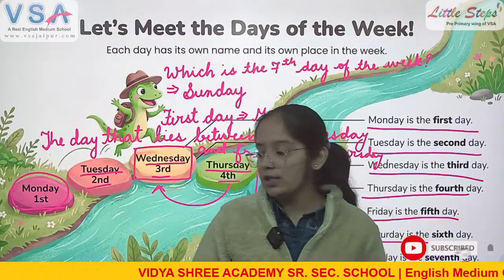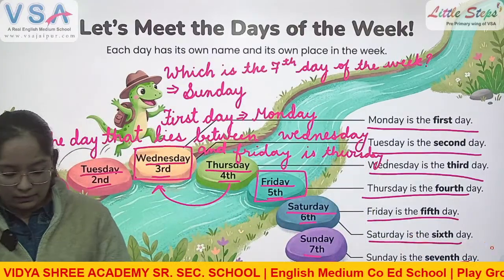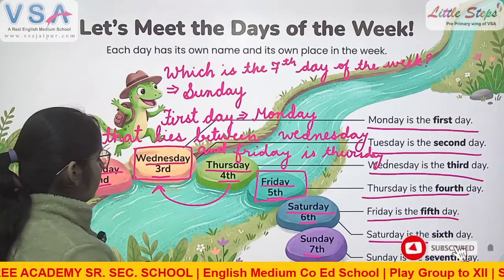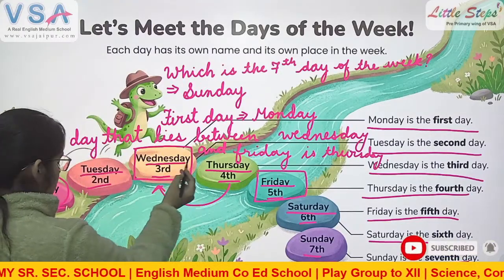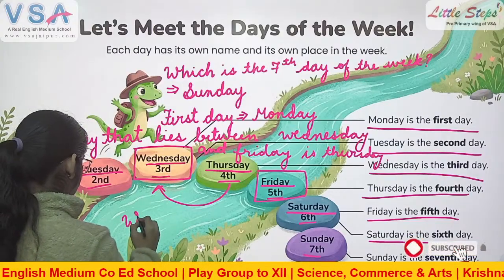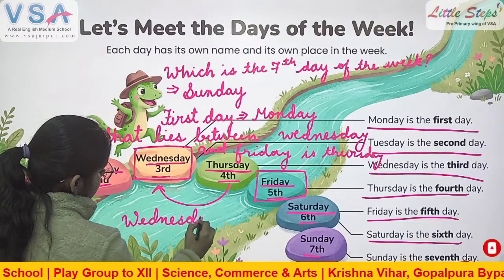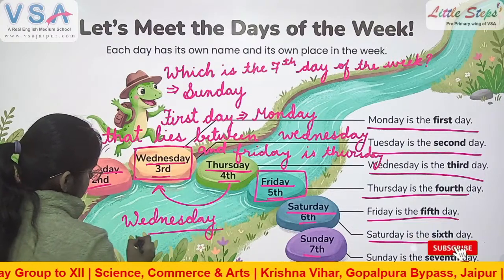Can anyone of you tell me the answer in the comment section? The day that comes before Thursday. Thursday से पहले जो day आता है that is Wednesday. Wednesday comes before Thursday.